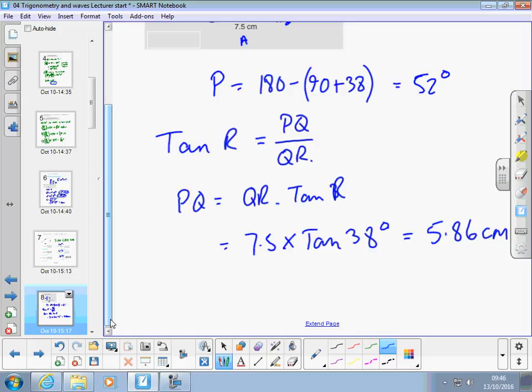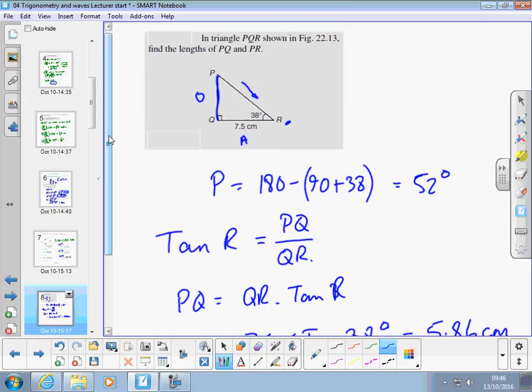Right, what ratio could we use to find this side PR here? What ratio would you use? If to use sine, Paul, what sides do we need to use? Opposite, right?